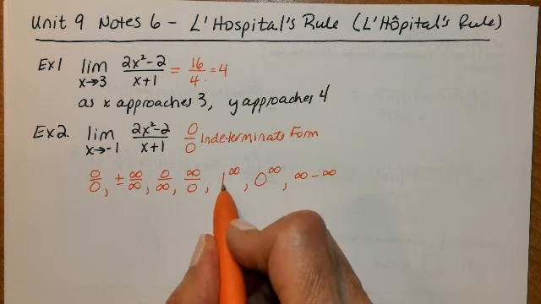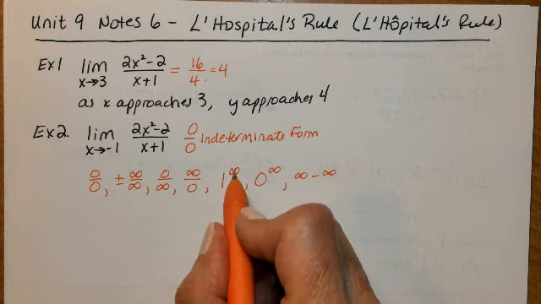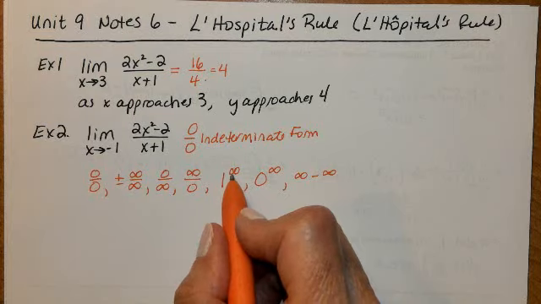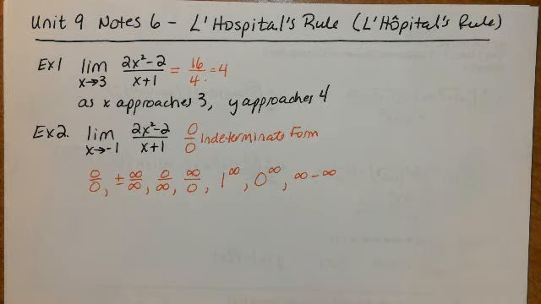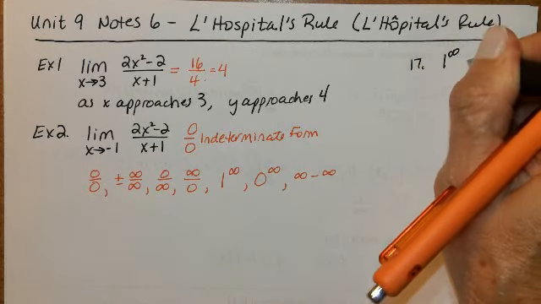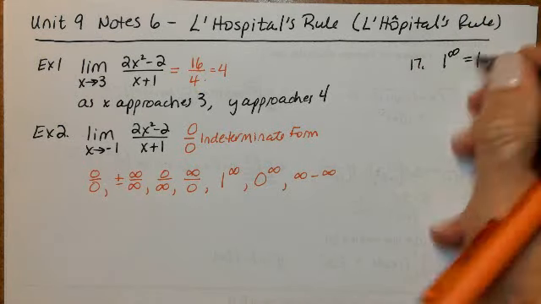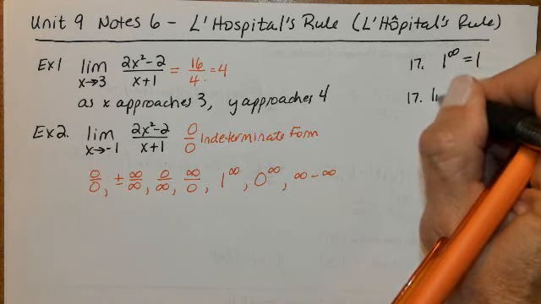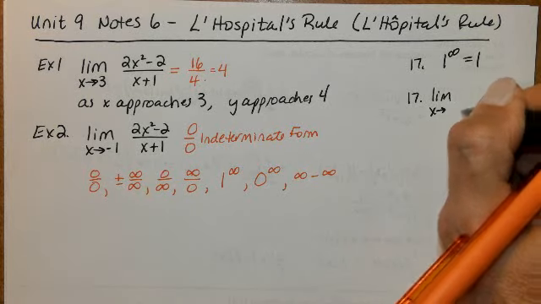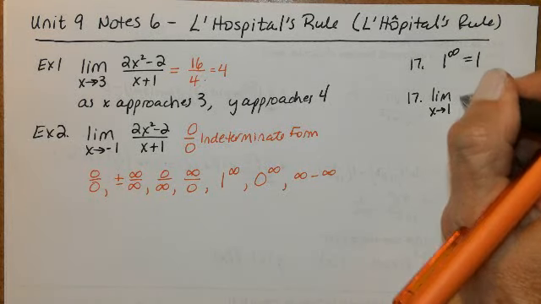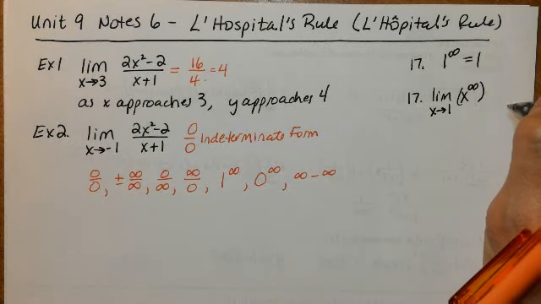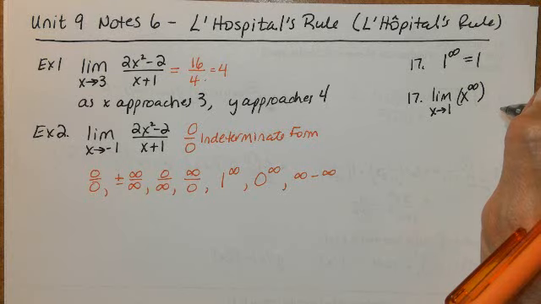You might say, oh, Mrs. Murray, wait a second. 1 to any number is 1. We learned that a long time ago. And my answer to that is yes. If you just have a problem that says, number 17, what is 1 to the infinity? Yes, that is 1. But if you get a limit problem, it is not necessarily 1.